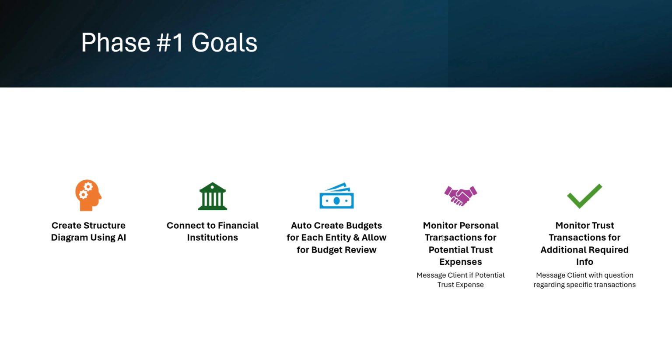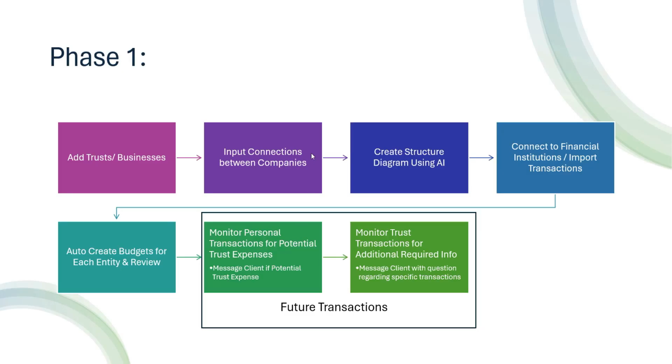So this is the setup portion of things, and eventually we wanted to monitor the personal transactions for potential trust expenses, as well as monitor trust transactions for additional required info, etc. So what that means is this. For phase one to be completed, we need to be able to add trusts or businesses in the software.